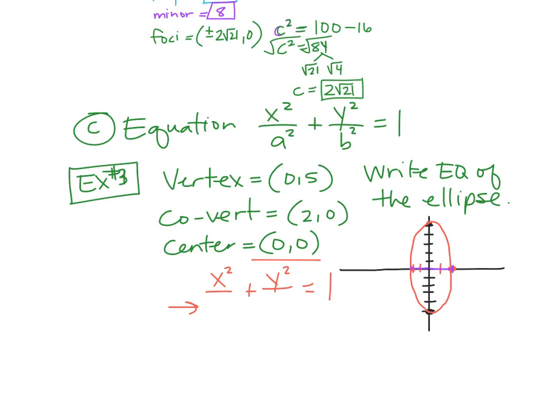So we take that 2 and we square it, because it's whatever the length of a was. This is our length of a, and we square it. So 2 squared is 4. And then our b is this length, and that is a length of 5. So 5 squared is 25. So the equation of this ellipse looks like that: x squared over 4 plus y squared over 25 equals 1.